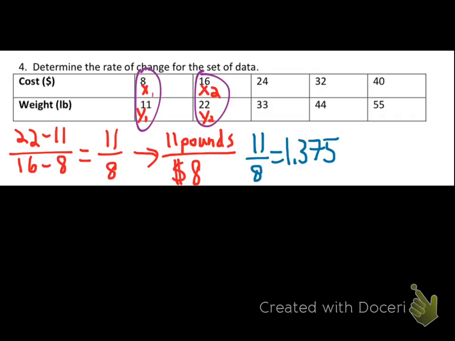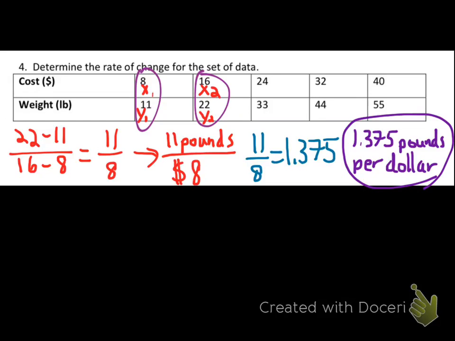And if I divide 11 by 8 here, I'll get 1.375. So I'm still comparing pounds to dollars. So I can get 1.375 pounds for every $1 I spend. That's our rate of change.